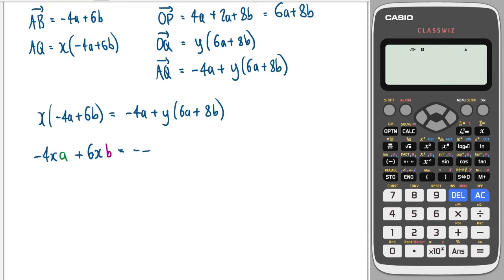Well, we're going to have minus 4, and then when I expand out I'm going to get 6y lots of a, so plus 6y, and that's how many a's I have. And then what about b's? Well, I've just got this y times 8b, so I could write that as 8yb.